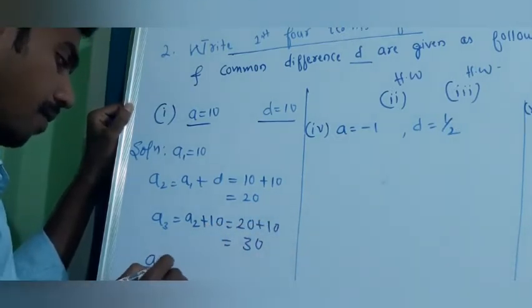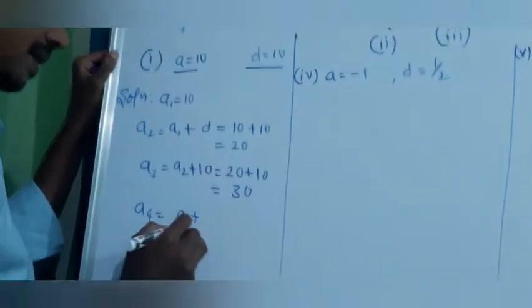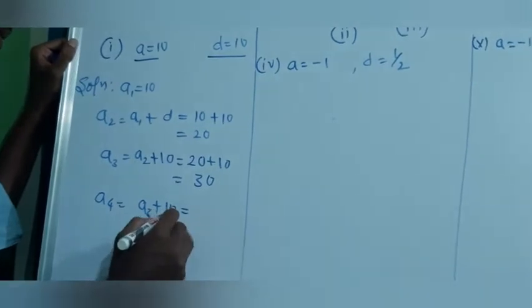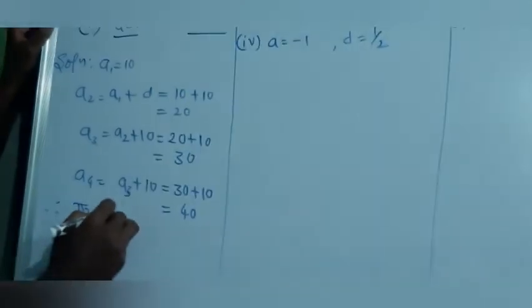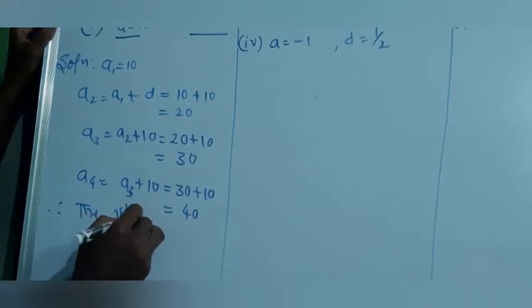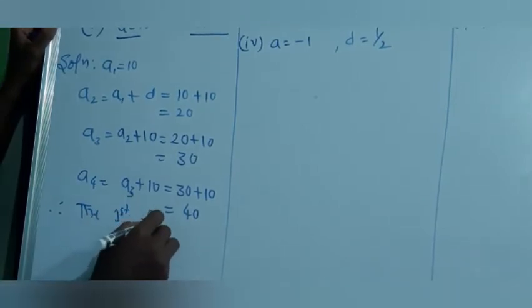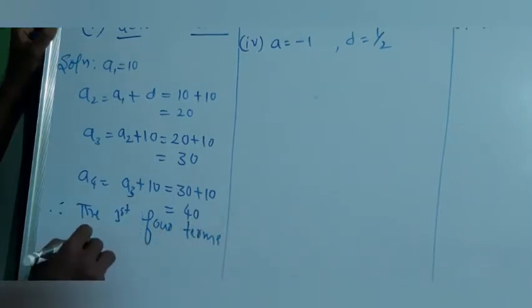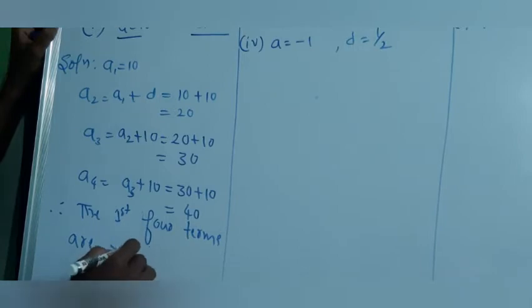A4 is A3 plus 10, that is 30 plus 10, I'll get 40. So therefore the first 4 terms are 10, 20, 30 and 40.